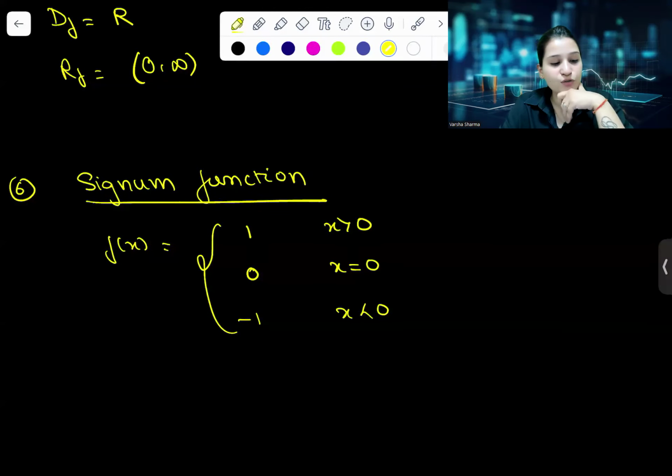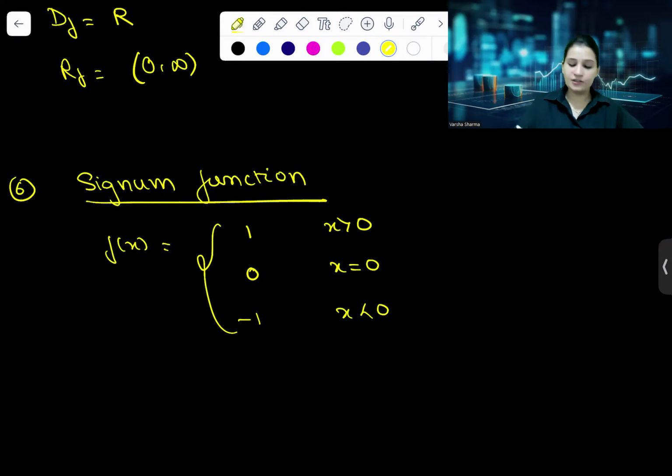So, what will be f of 2? 1. What will be the value if I put x equal to 2? 1. If I put x equal to minus 3, minus 1. If I take x equal to 0, 0.